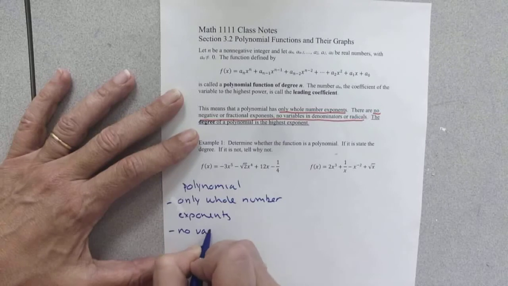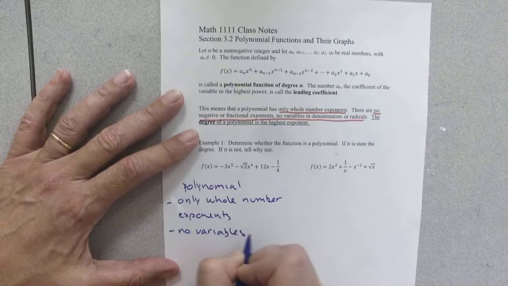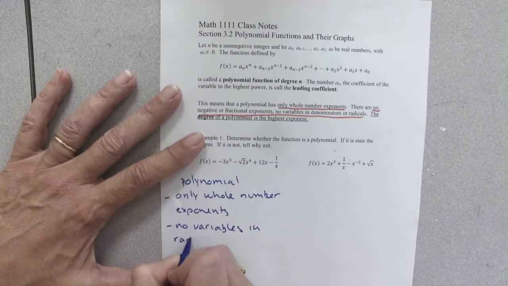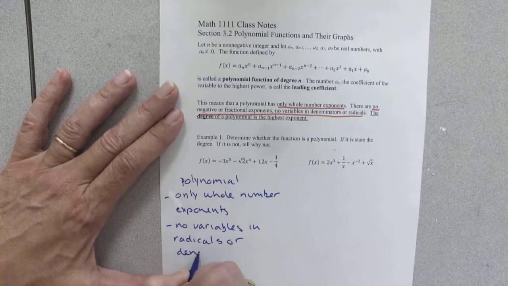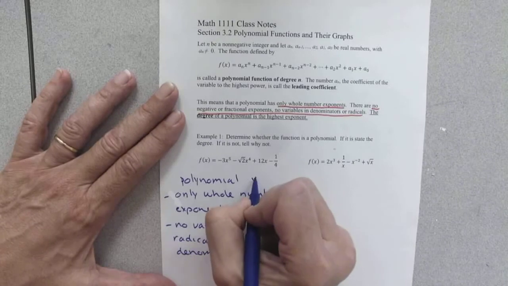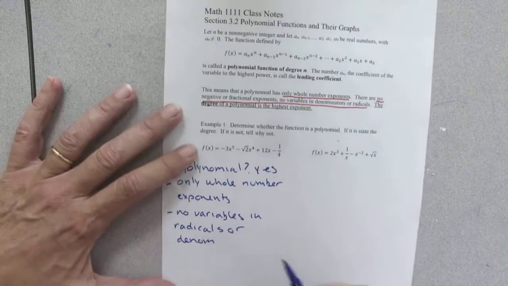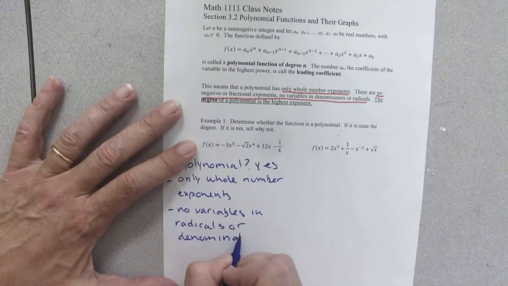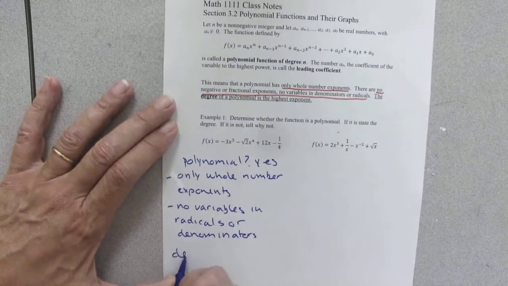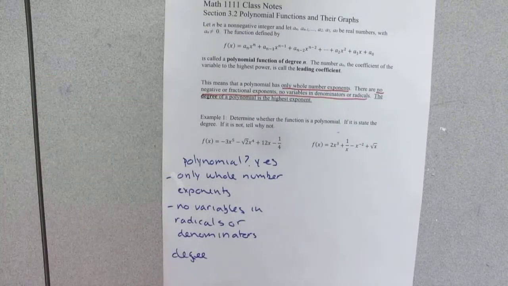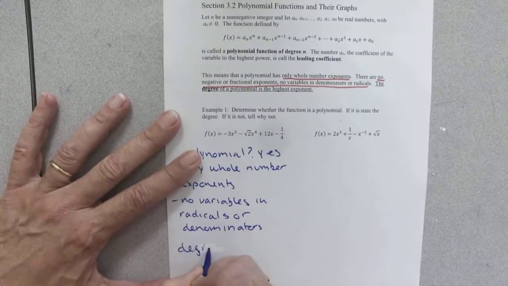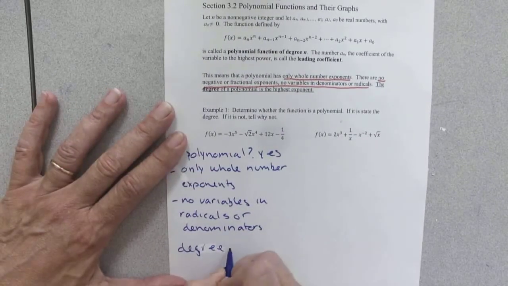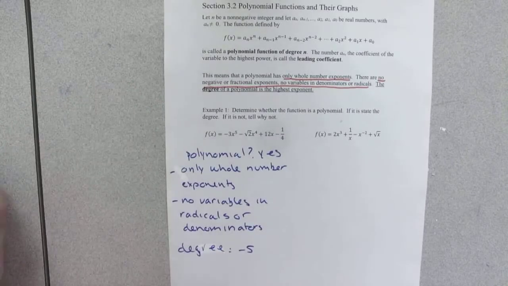No variables in radicals or denominators. So polynomial, yes. And my degree, my highest exponent, let's spell degree right. My degree here would be 5.